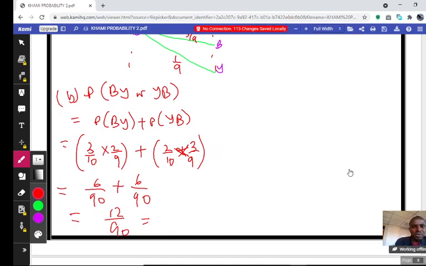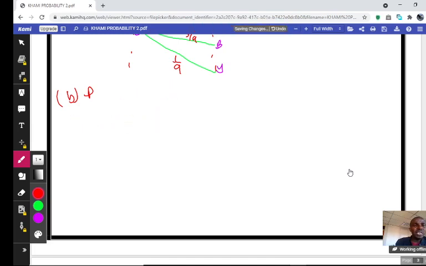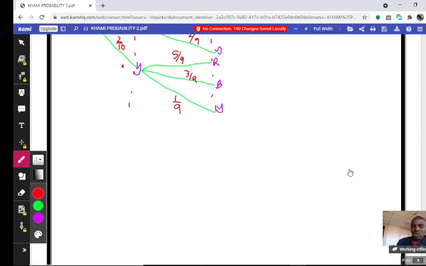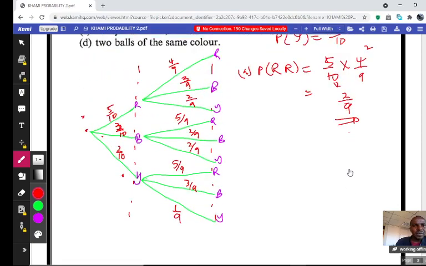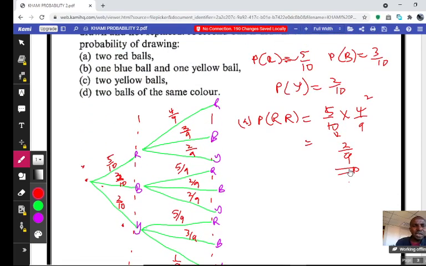Let me write down the outcomes. Let me wrap this part, because that one will need a bit of space. So it's the probability of 2 balls of the same color. The 2 balls must be of the same color.